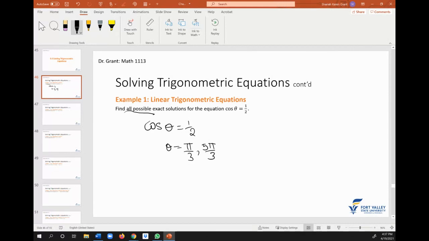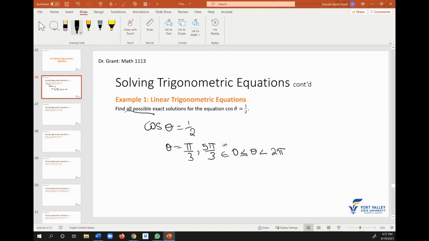Now, this is if theta is between 0 and 360, right? Or you can say 2 pi. So these are your answers in the interval 0 to 2 pi.